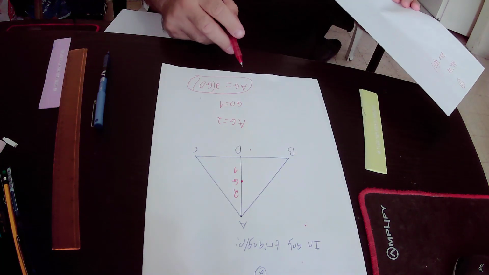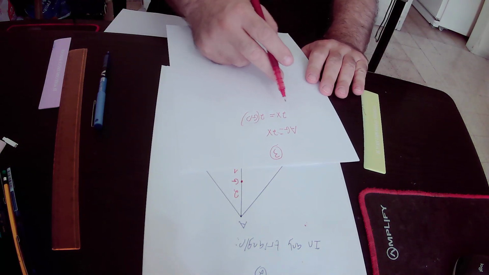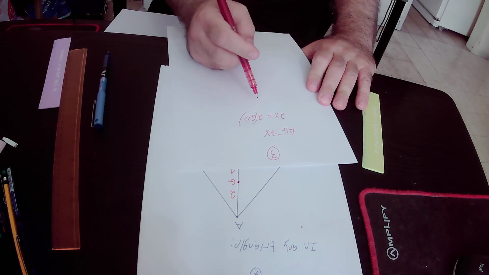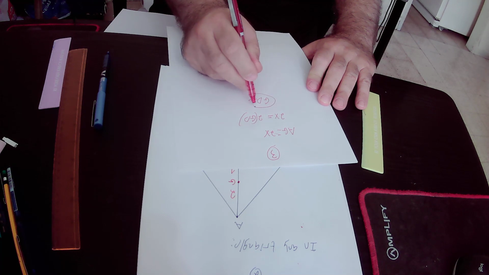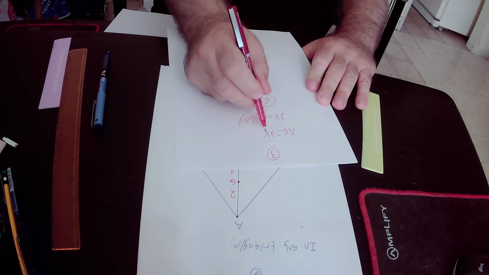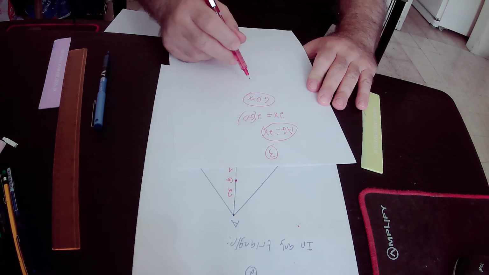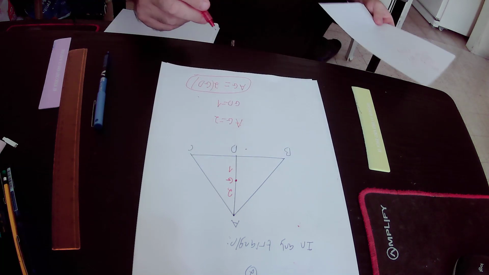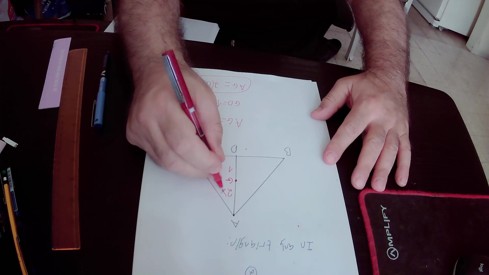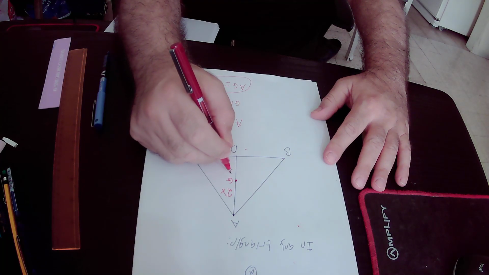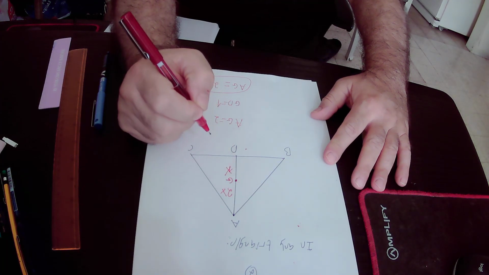We will divide this equality by 2, and we will get that GD equals x. So we found out that if AG equals 2x, then GD equals x.